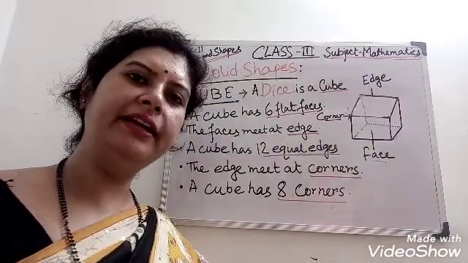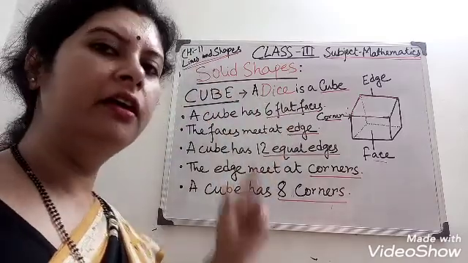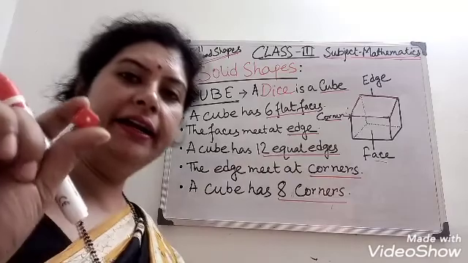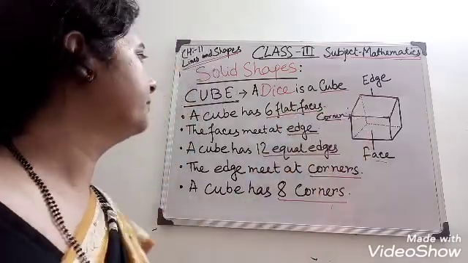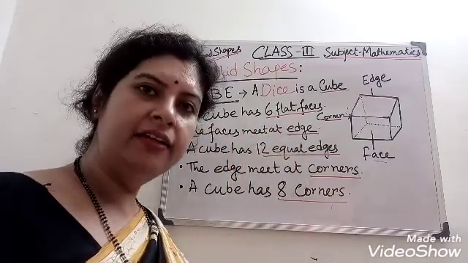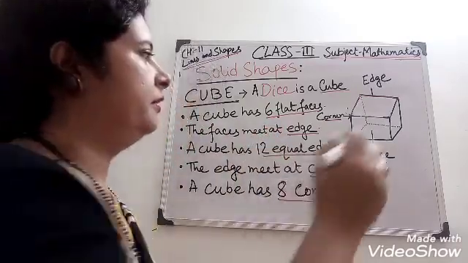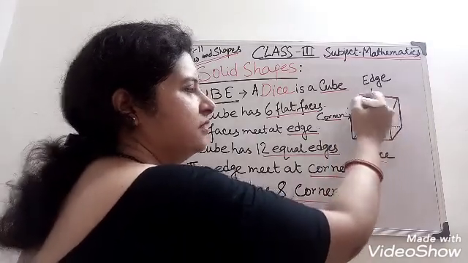Now children, our next part is solid shapes. First, cube. A dice is a cube. A cube has 6 flat faces. This portion is known as face. Okay.